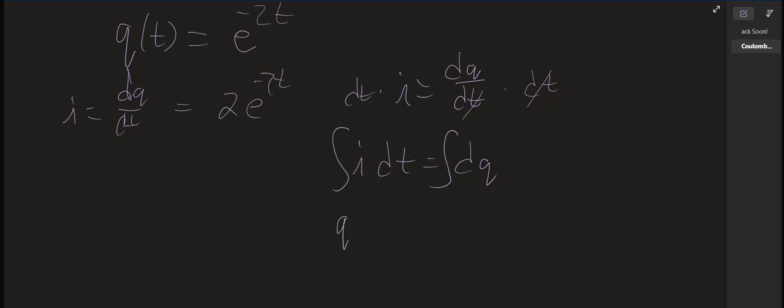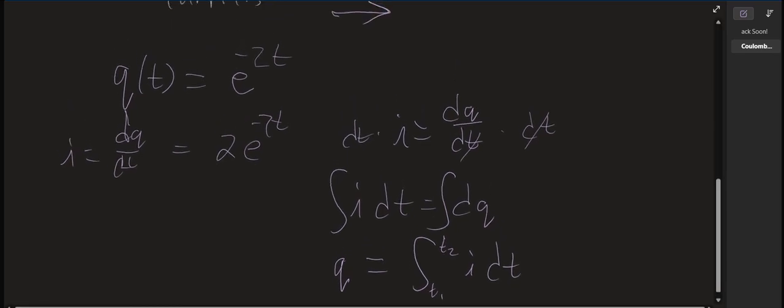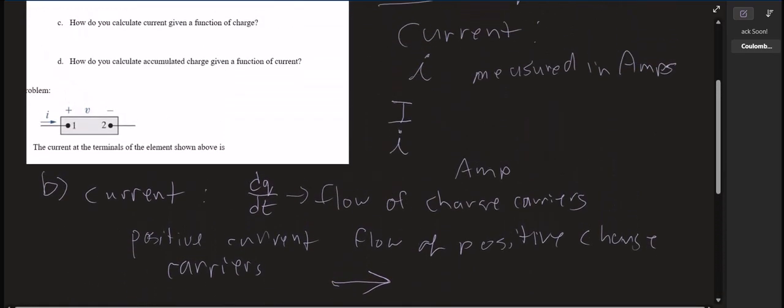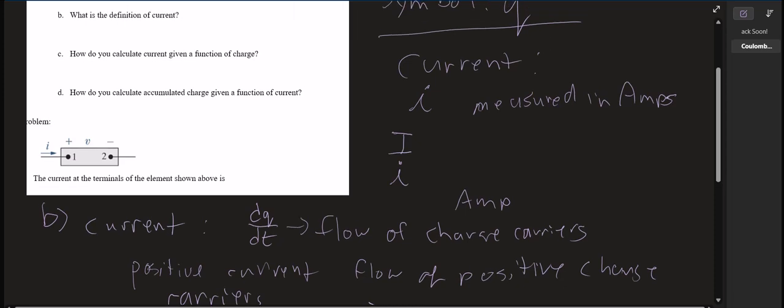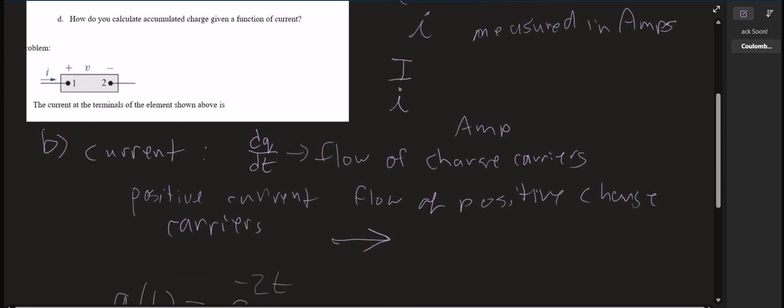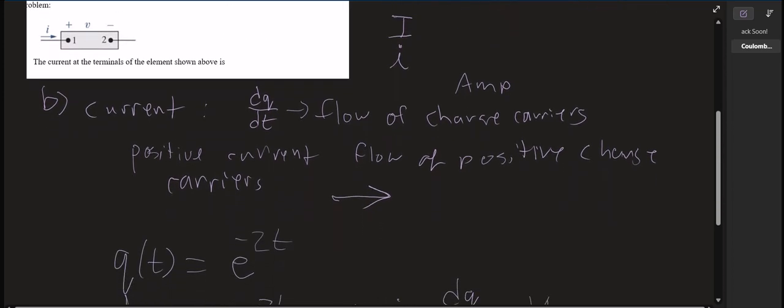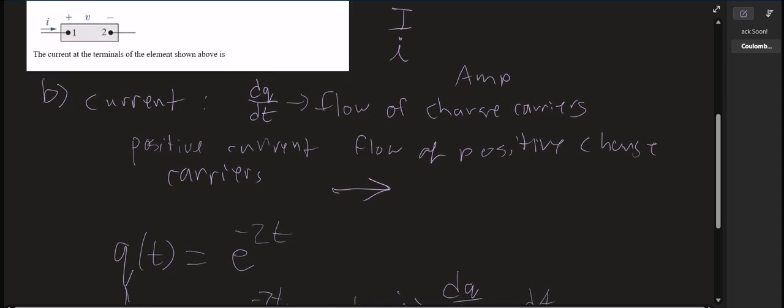You get that your accumulation of charge is going to be the integral from time 1 to time 2 of i dt. And we'll have a problem with that later on. And that was part D. Okay. Any questions on that before we go on to the next part?